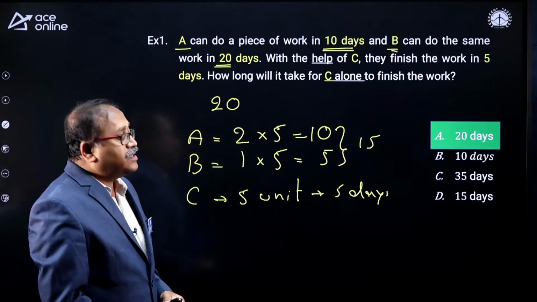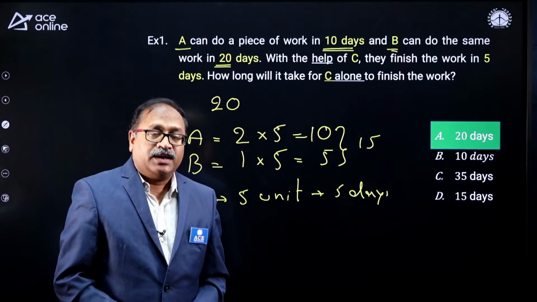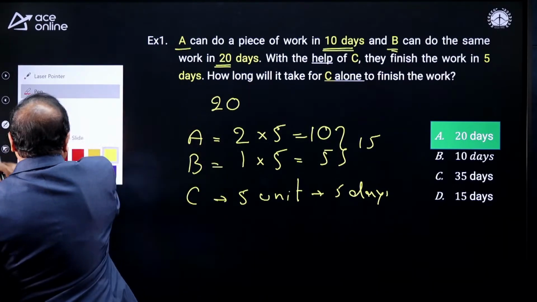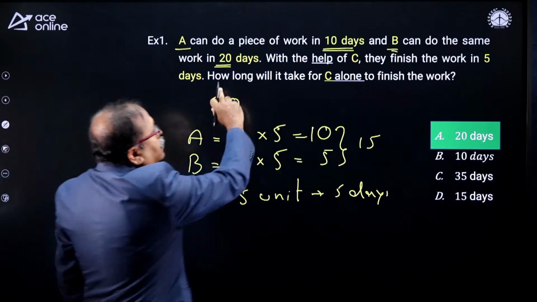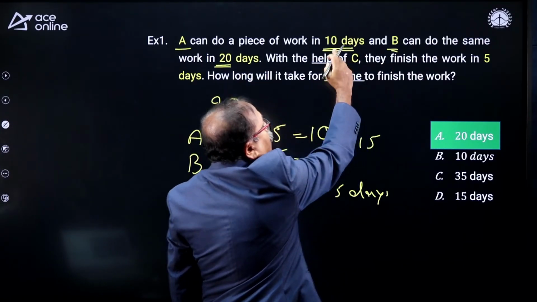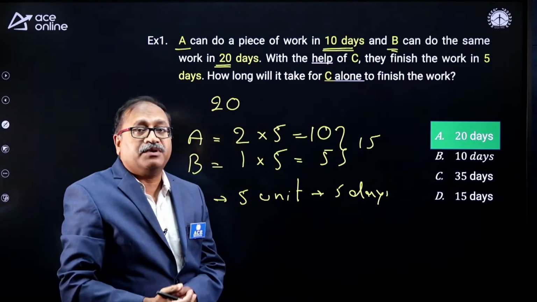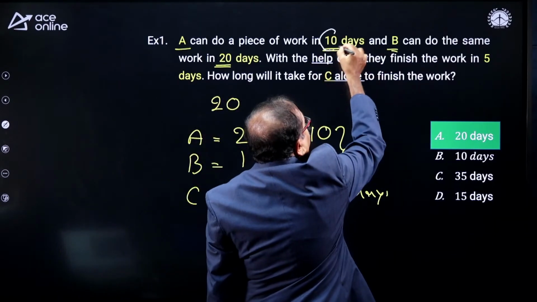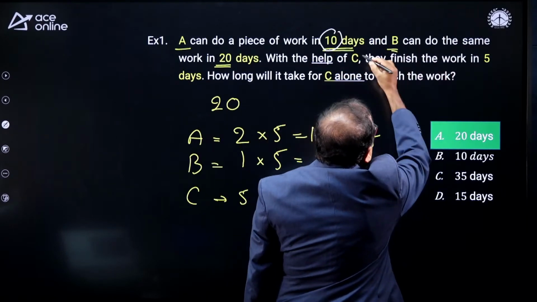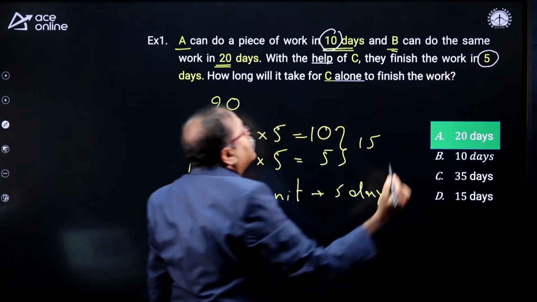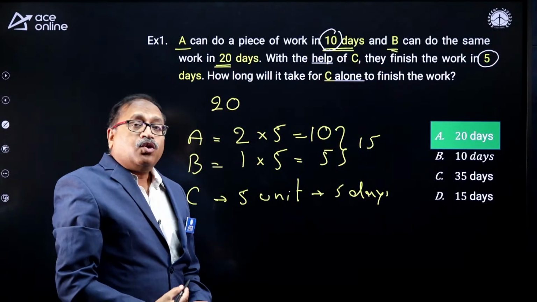Okay, there is another way to answer this question, that is the fraction approach. And what is that fraction approach? A works for 5 days. What part of the work does A complete? A completes the whole work in 10 days.